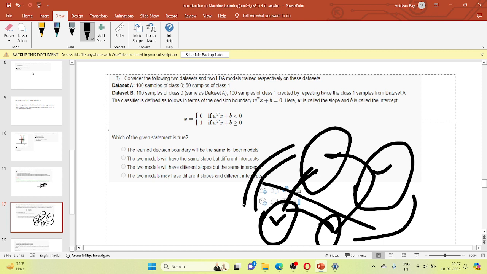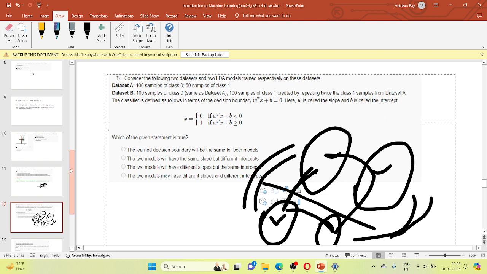Among these two the likelihood will be the same, and these two will have the same likelihood, but the likelihood may be different between these groups. I hope you understand here.